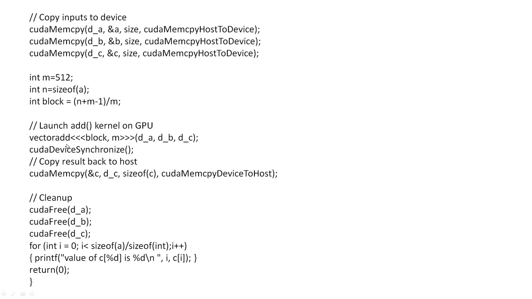Using this formula, blocks comma M, you are launching a kernel, and the result is brought back using cudaMemcpy, and you are releasing all the memories and printing out the results.